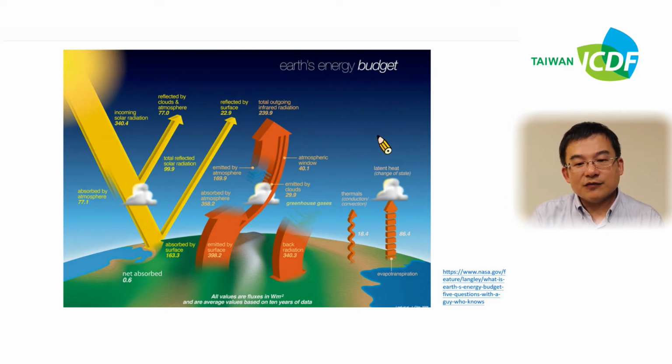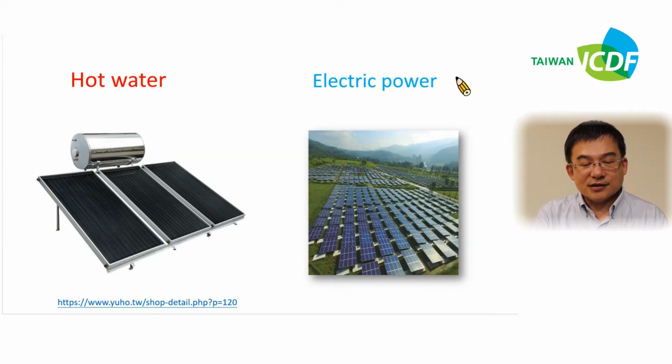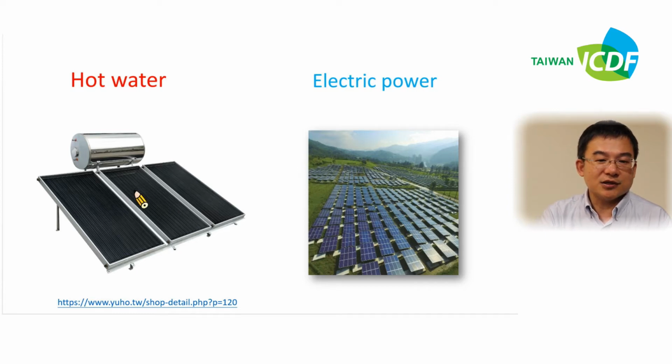But the sunlight will be reflected or absorbed by the Earth to give us energy for our life. So the sun's energy can be transferred to heat or to electrical power. So people design a machine to translate the sunlight to hot water, or you can use the solar module to translate the light to electrical power.